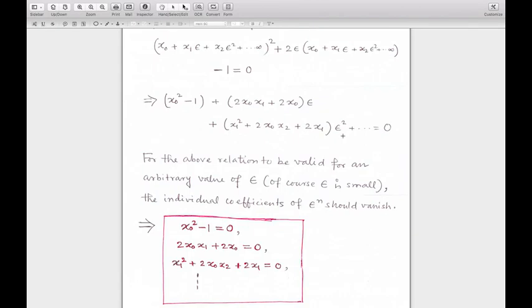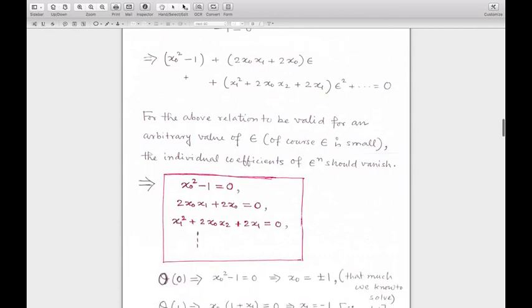So if the whole thing is equal to 0, every coefficient corresponding to the individual powers of epsilon, that means epsilon to the power 0, epsilon to the power 1, epsilon to the power 2, will separately vanish.